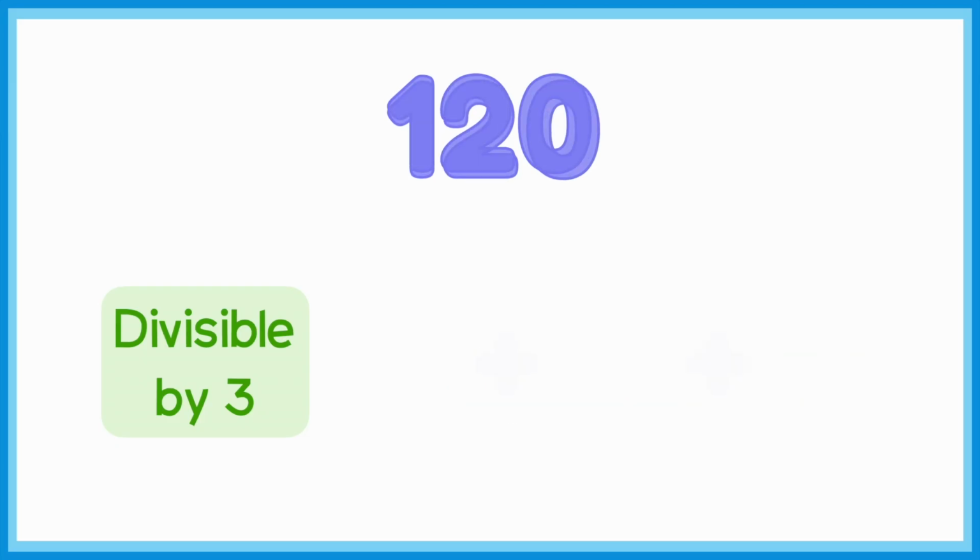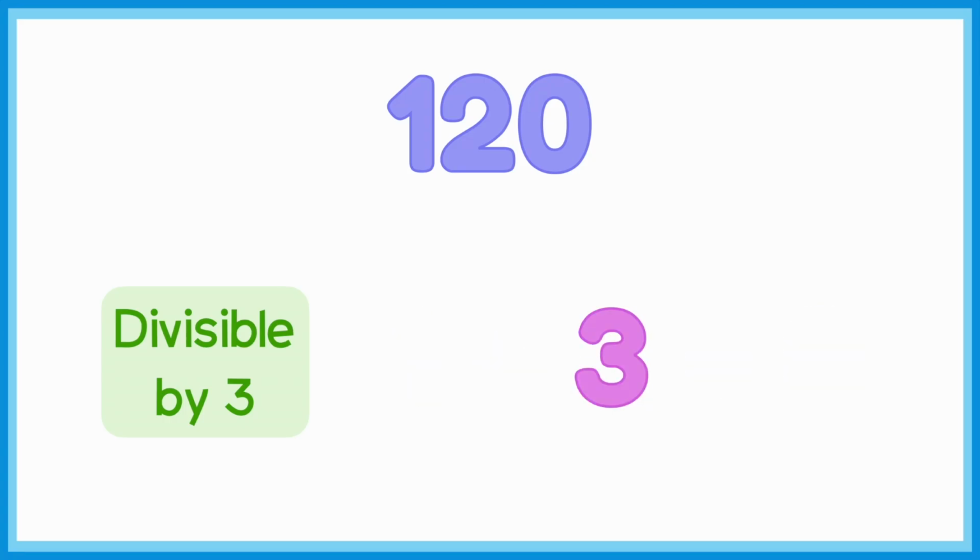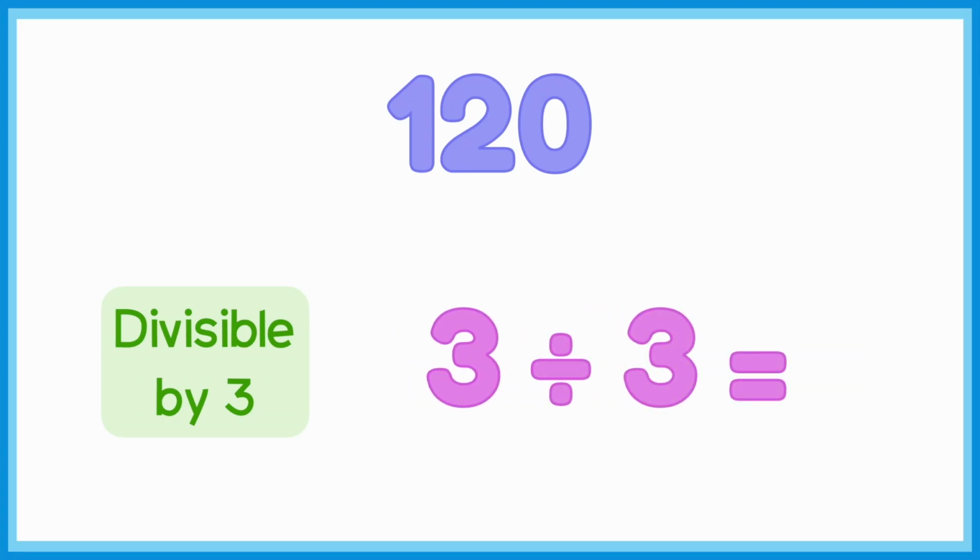For example, when we take the digits in 120, 1, 2, and 0, and add them together, the sum is 3. And since we already know that 3 is divisible by 3, this also means 120 is divisible by 3. If the sum of the digits is not divisible by 3, then the number cannot be divided evenly by 3.